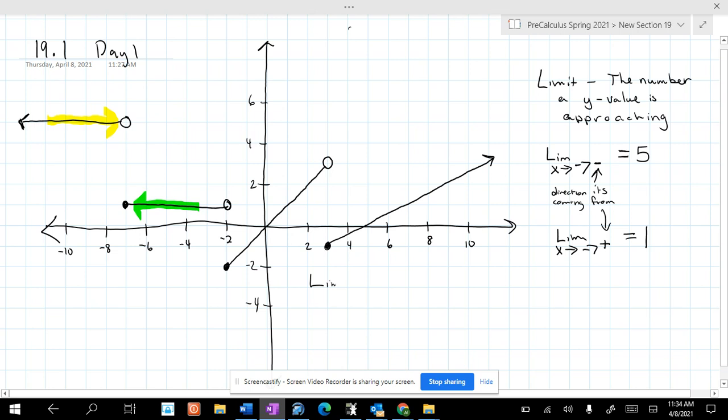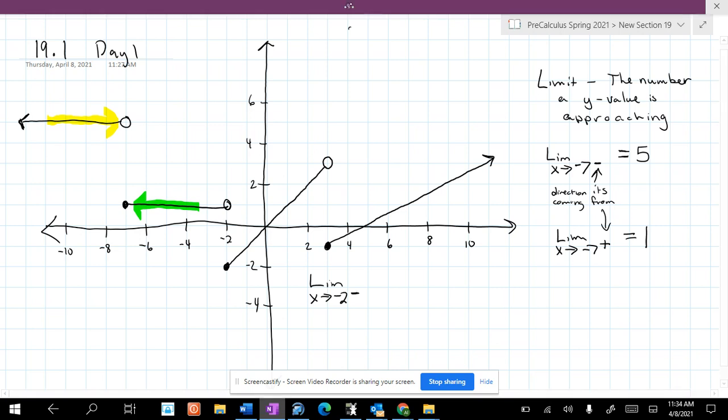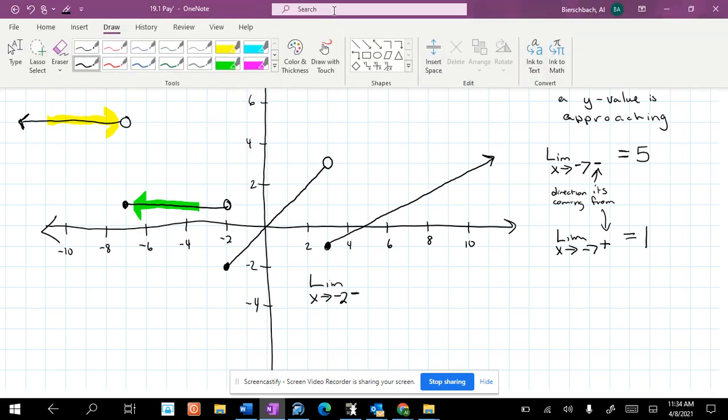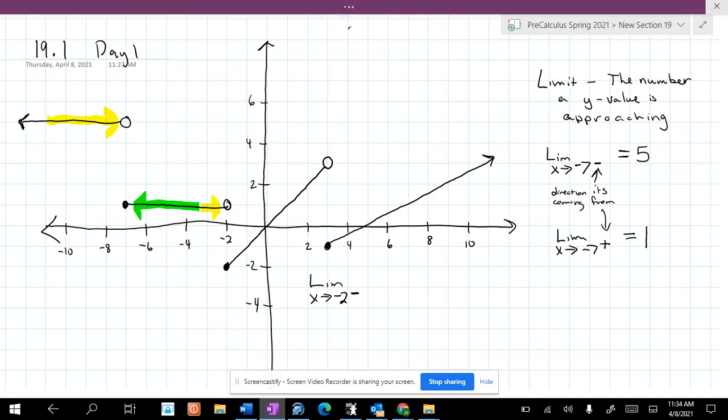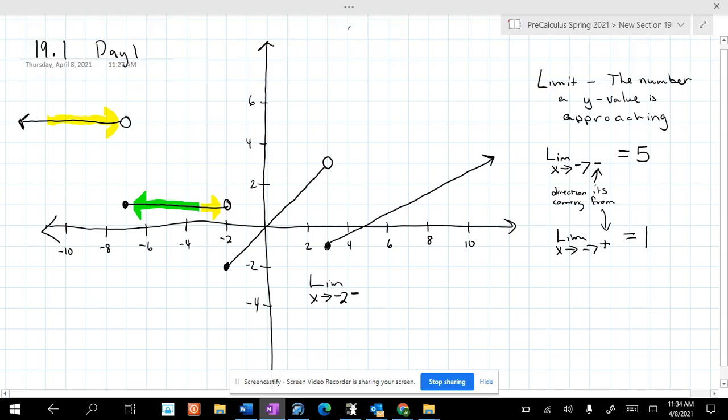Now we're going to look at the limit as x approaches -2 from the left. Well, -2 is right here. If we're coming from the left, it's along this line, which is 1.